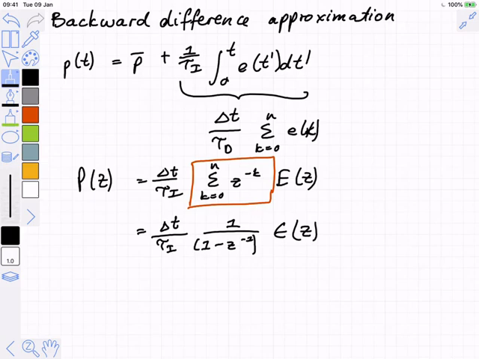And if we think about what that looks like, remember that in the Laplace domain, a PI controller, or let's say the integral part of a PI controller, would look like this.